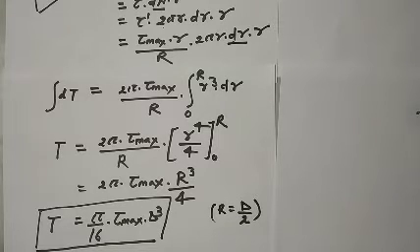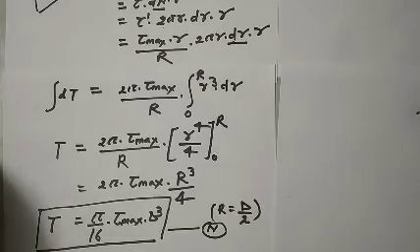Now this whole term, pi by 16 tau max D cube, say this is equation number 4, because in the previous lecture tau by R equal to G theta by L was equation number 1.